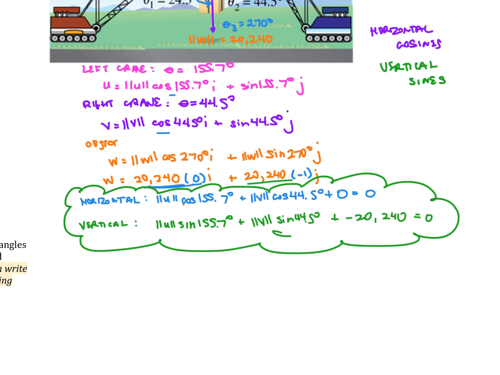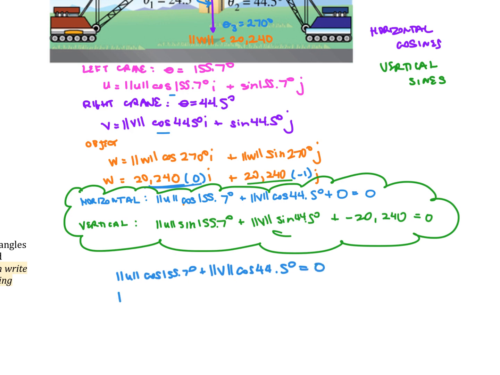So let me rewrite the equations. Magnitude of u cosine 155.7 degrees plus magnitude of v cosine of 44.5 degrees equals 0.